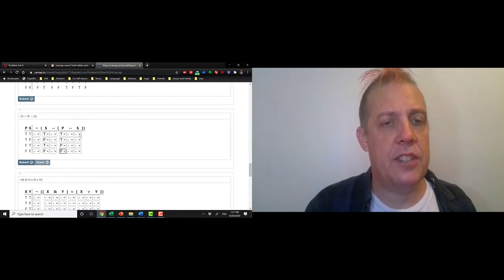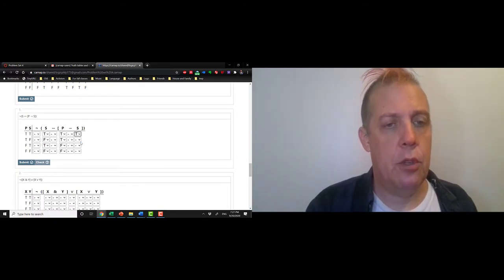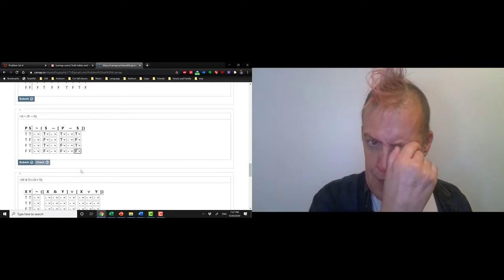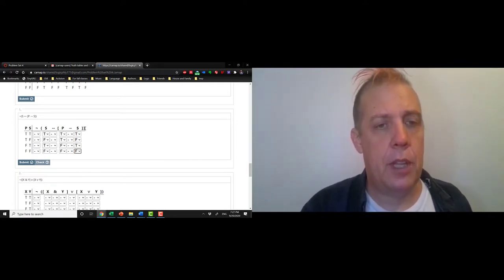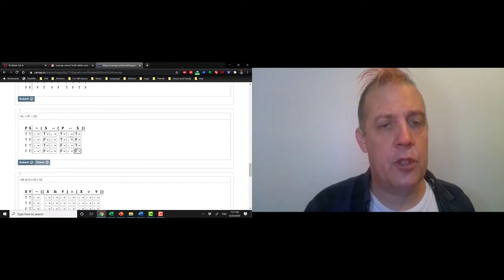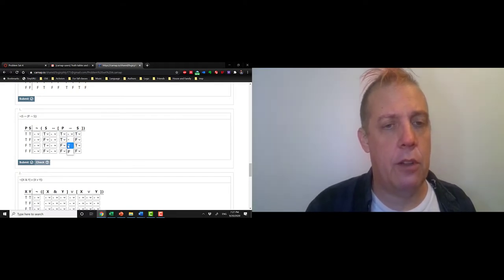And then this S is going to be the same way: true, false, true, false. Now this time around, the P implies S has the truth values arranged exactly the same way they are in the regular truth table. So you get true, false, true, true.